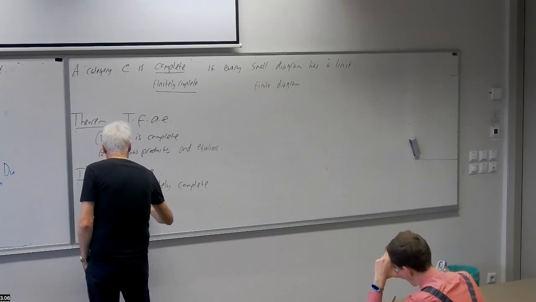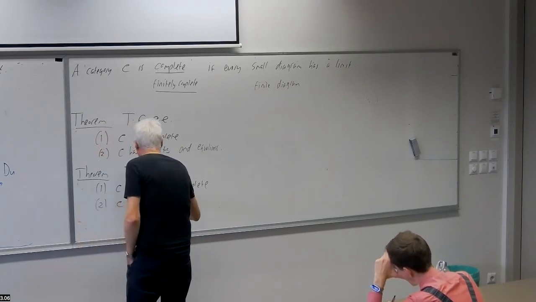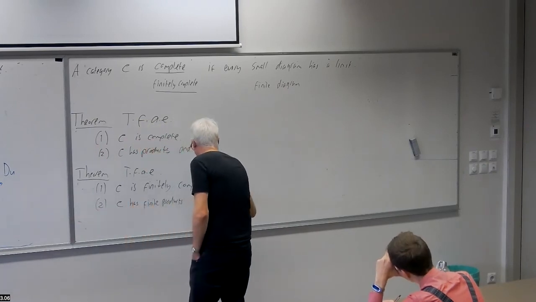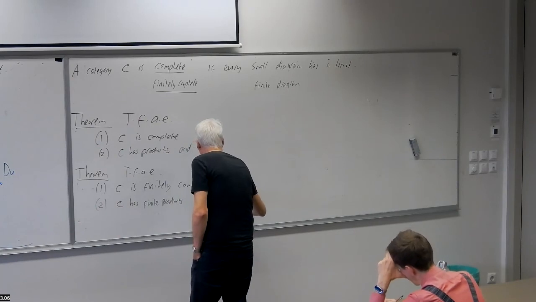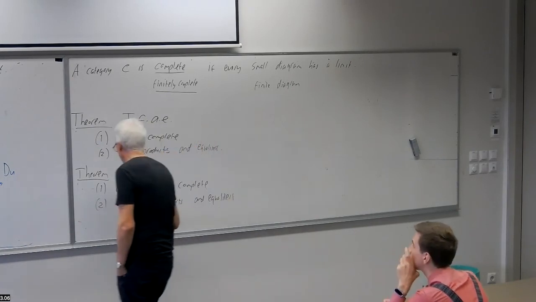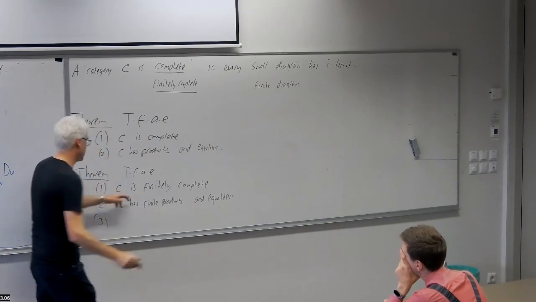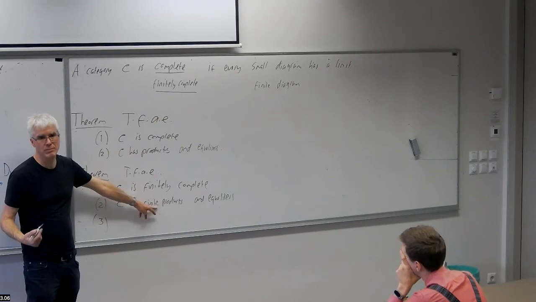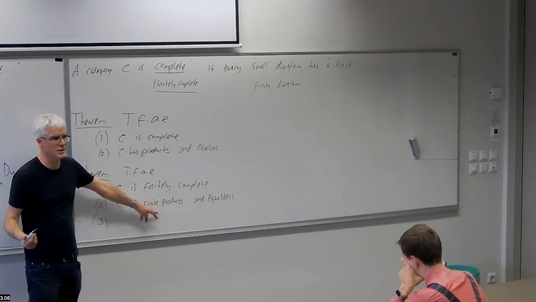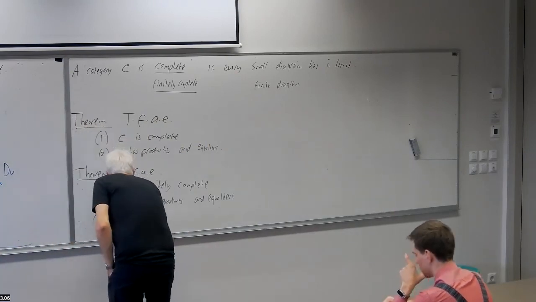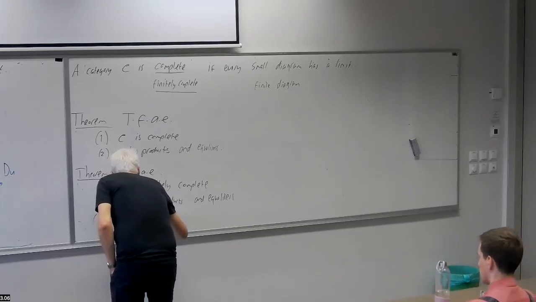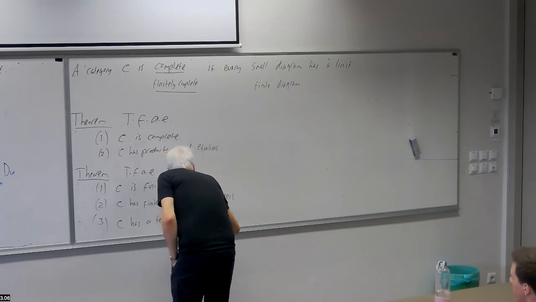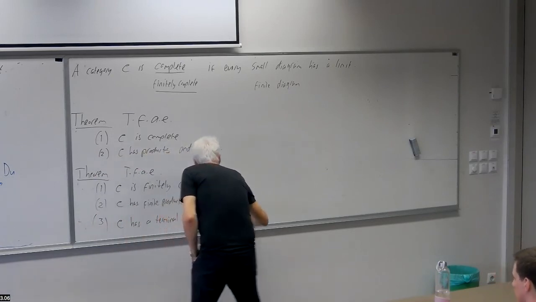So it's enough for it to have finite products and equalizers. But also if it's finitely complete, we'll have finite products, and in particular the empty product, a very simple finite product. So it will have a terminal object. Another equivalent statement is that C has a terminal object and pullbacks.